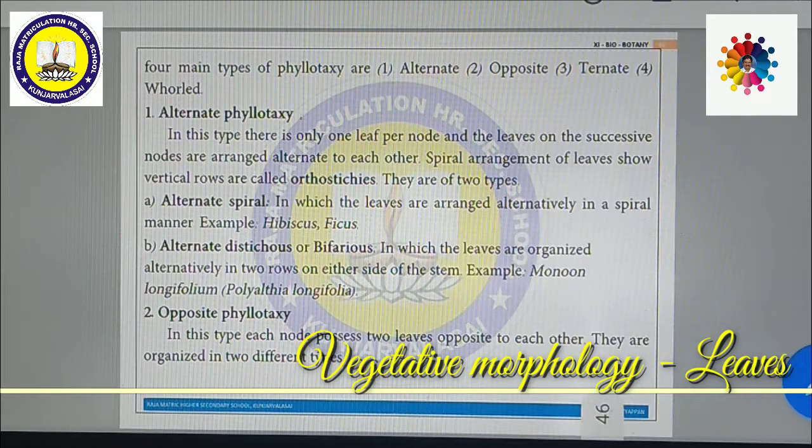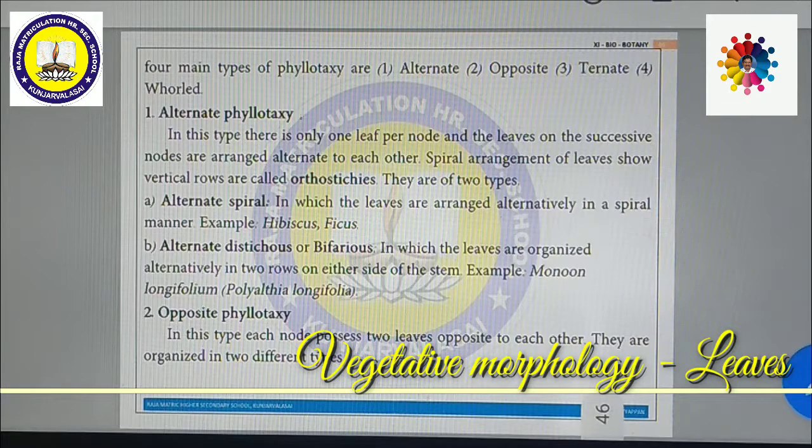Alternate distichous, in which the leaves are organized alternately in two rows, this side one and the other side one, on either side of the stem. Example, Monoon longifolium, Polyalthia. Polyalthia means Nedunthaalu maram, another name Asoka maram. Then opposite phyllotaxy.